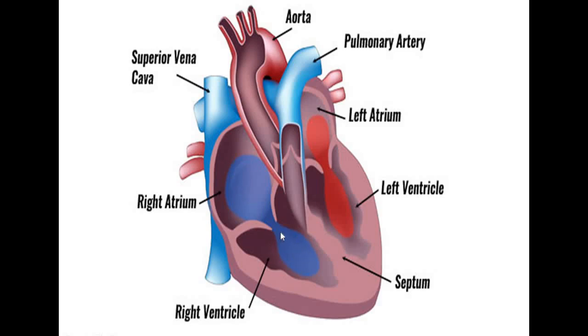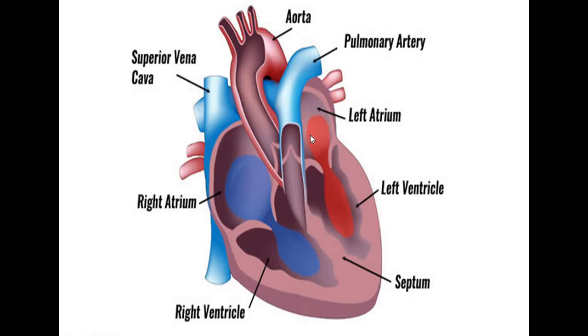Now, the function of the right ventricle is to receive deoxygenated blood from the right auricle and pump it to the lungs for purification. After the purification of the blood in the lungs, the oxygenated blood comes to the left auricle.